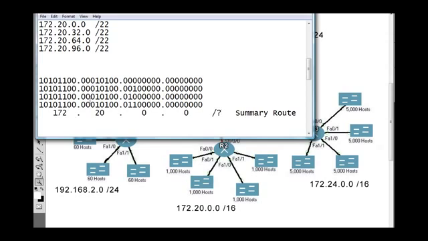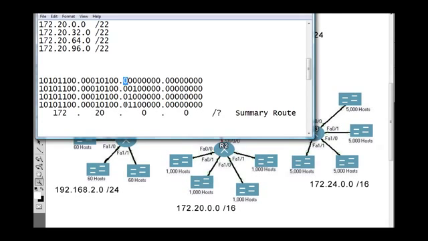So we look for, once again, the last common bit that we have. All 4 of these network addresses have 10101100. They all have the same, right? You can look in columns here. They all have this in common, and then the last bit that they have in common is this 0 right here.